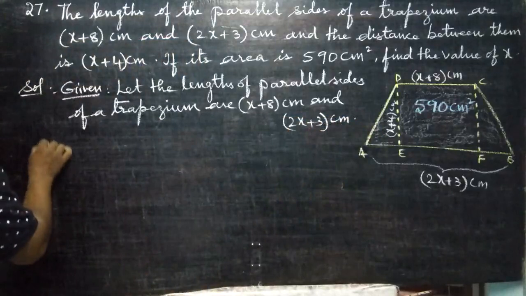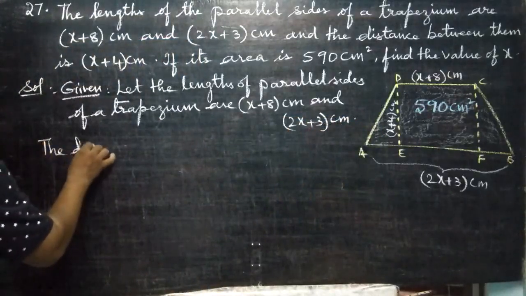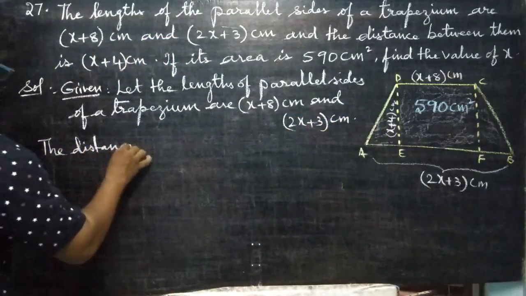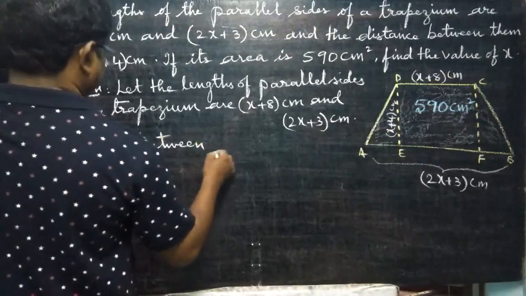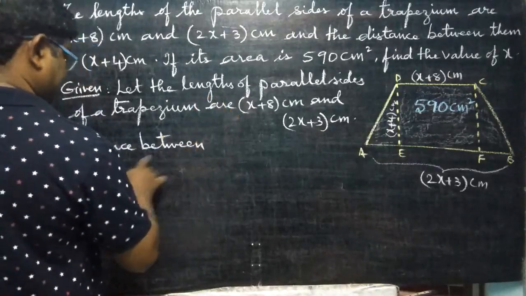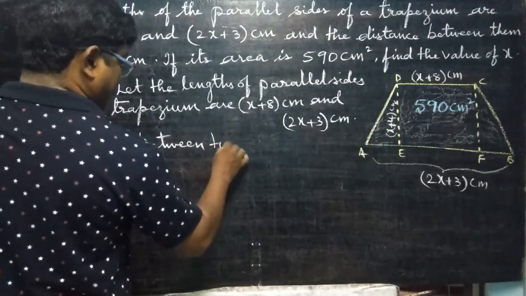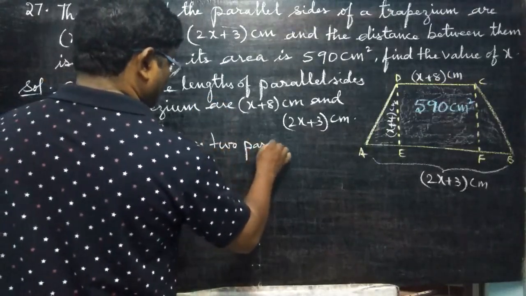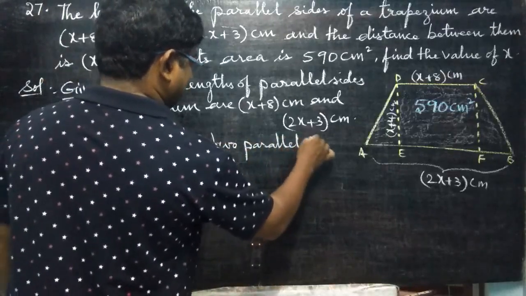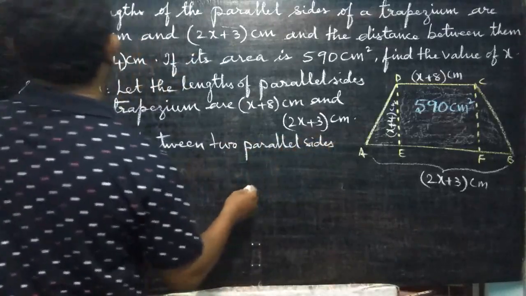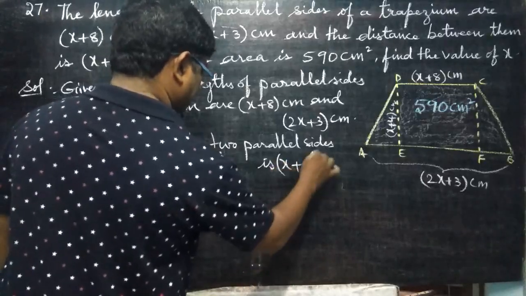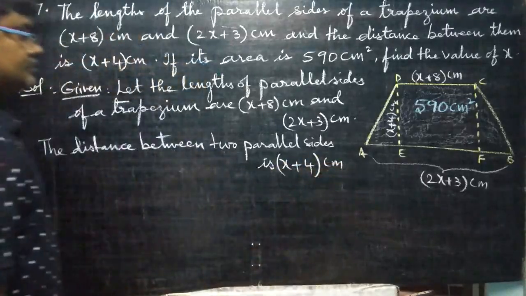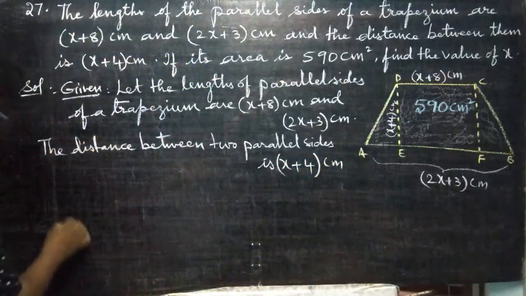Next one, the distance between them, means this one, the distance between the two parallel sides, is x plus 4 centimeters.